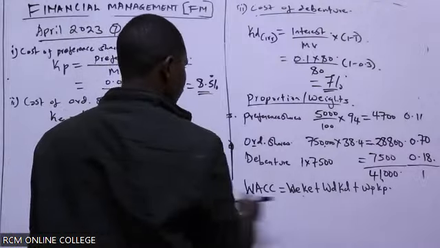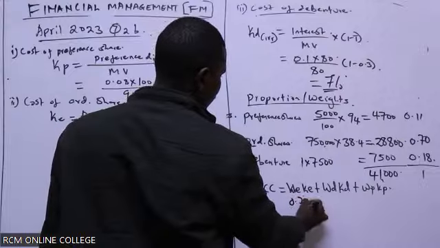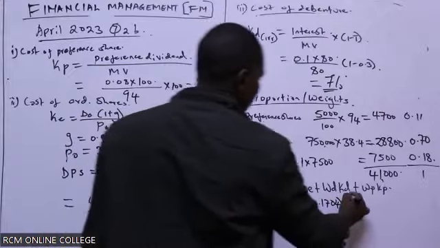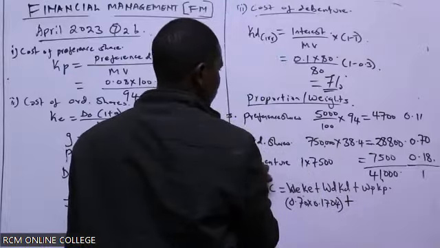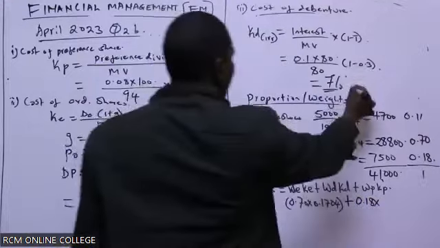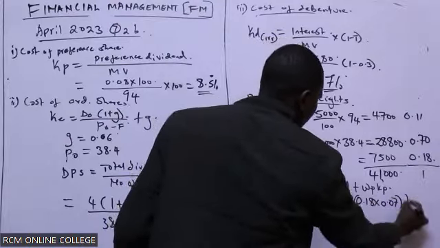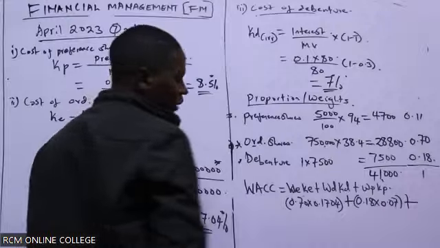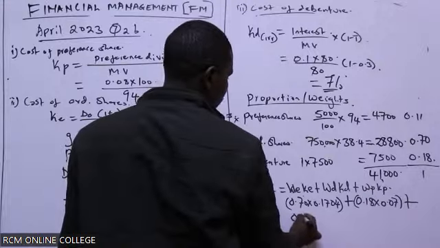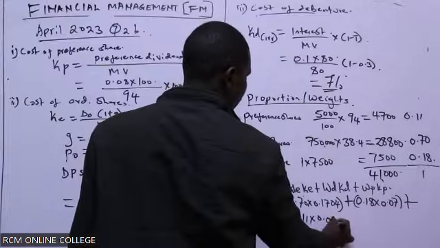Weight of equity iko wapi sasa? 0.70 times 0.1704 plus weight of debt iko wapi? 0.18 times cost of debt 0.07 plus twende kwa hii ya mwisho, preference share ndio hii, 0.11 times 0.085.